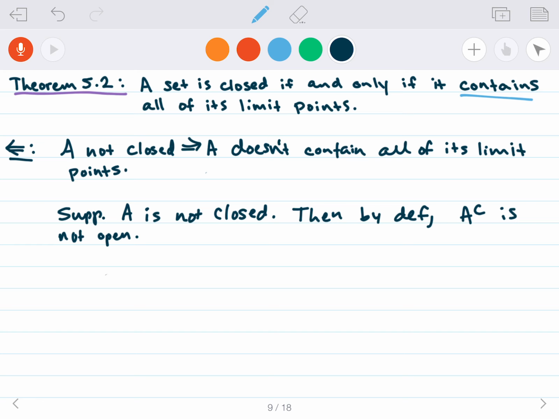Okay, and so what does openness mean? It means that every point in your set has a neighborhood around it completely contained in the set.